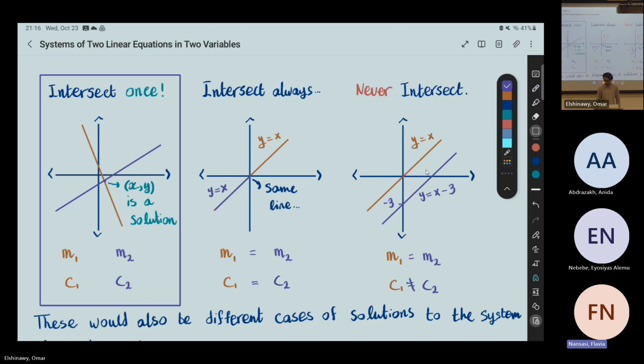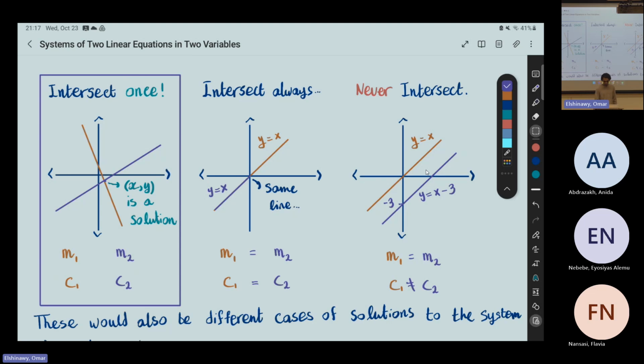Everything is different. Yes. So would you say that it would be any case which is not the other two cases? Yeah. So I think that's a good way to think about it.